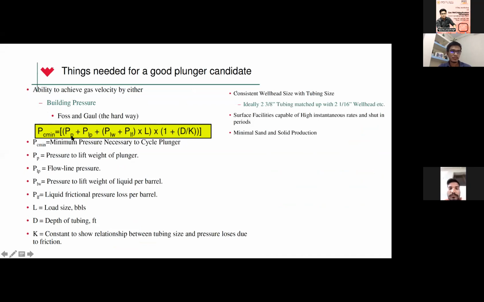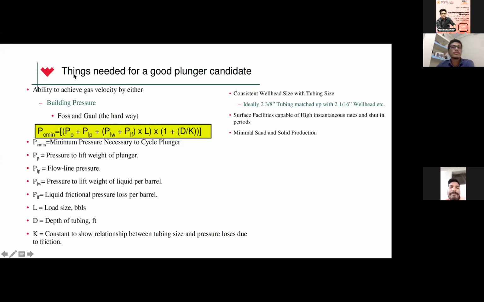This includes the pressure required for the plunger to lift, the pressure required to lift the liquid above the plunger, and so on, the depth of the tubing, and the load size. The load size is basically the volume of the liquid above the plunger.